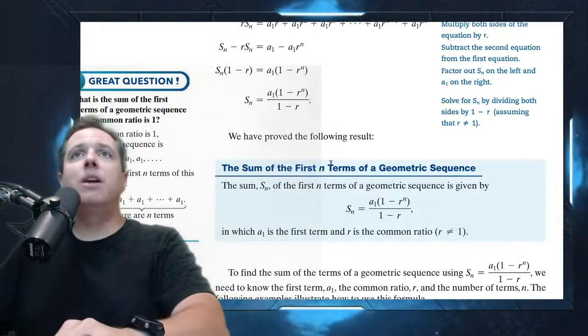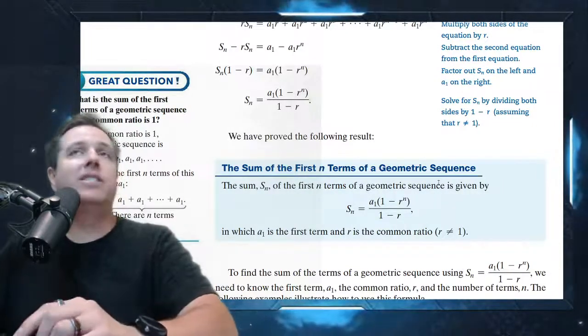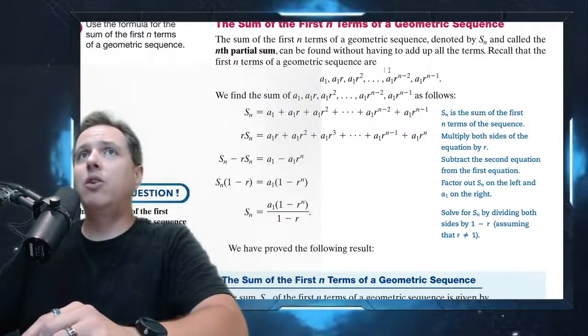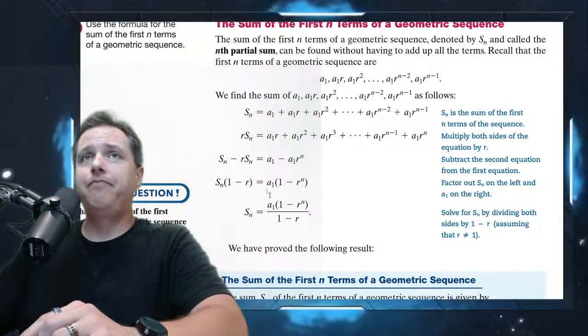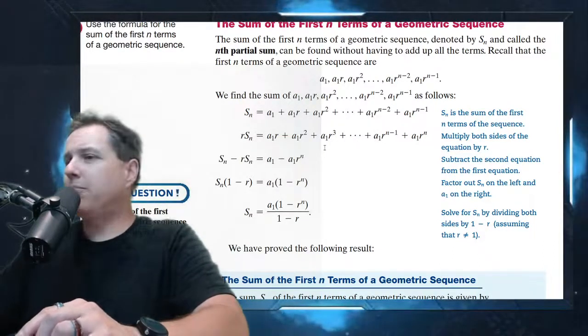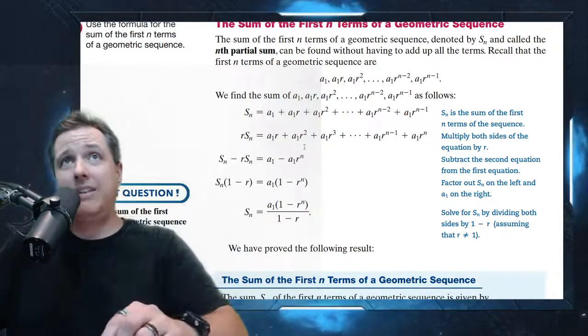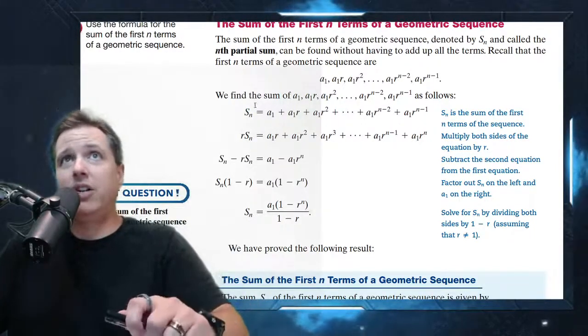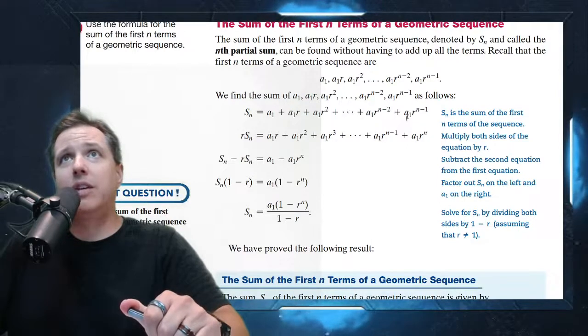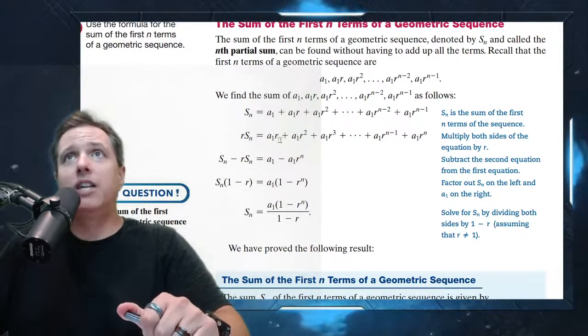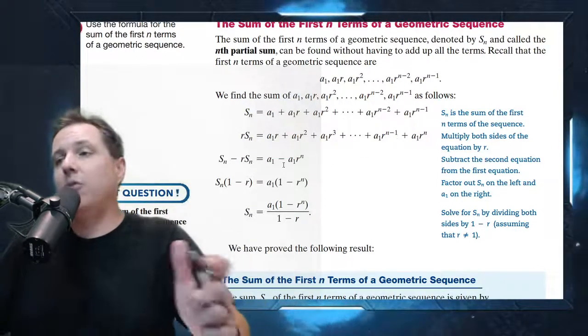Okay, then we have the sum of the first n terms of a geometric sequence. I'm not going to go over the derivation, but it's pretty straightforward and not very difficult to follow. You start with your sequence, you multiply both sides by r. So I guess I am going through it.